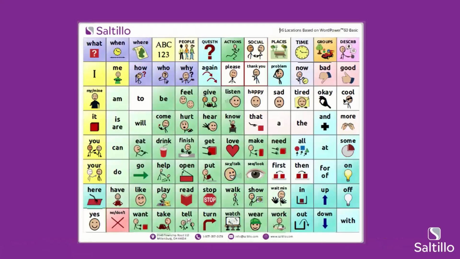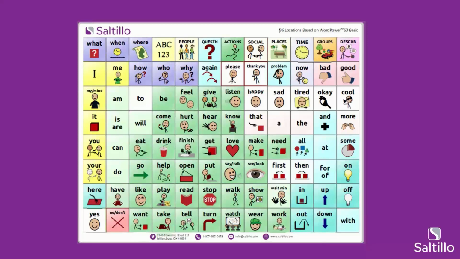So this is in your handout, sorry. It is a core low-tech board that is based off of WordPower 60 Basic. So you do have this available to you. This is just a reference for you to use during the training if you want to download it.